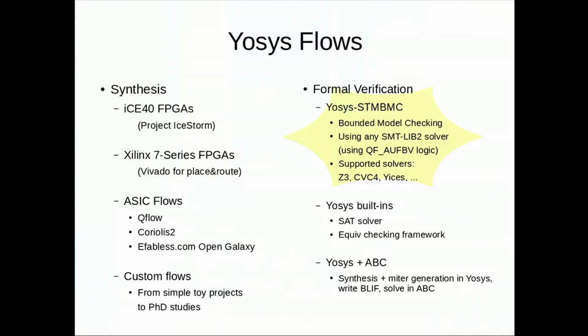But there is also a synthesis flow for Xilinx 7 series FPGAs. Here you need to use Xilinx Vivado for place and route, but the synthesis part can be done by Yosys. There are also a couple of ASIC flows that are enabled by Yosys. You can also do your custom synthesis flows, which is something that some people do.